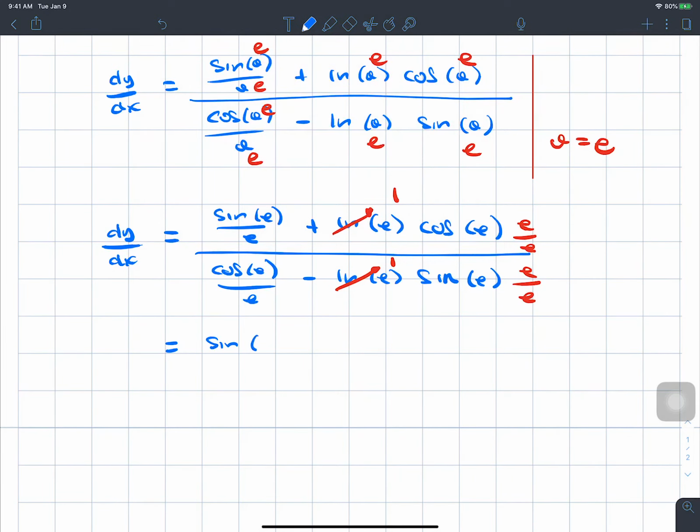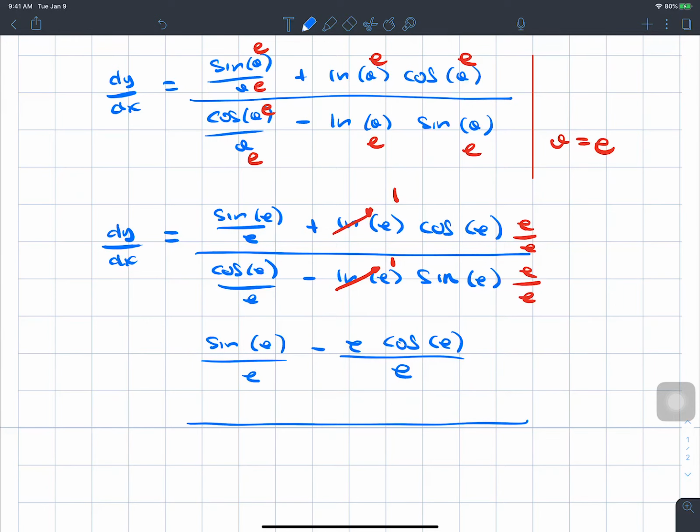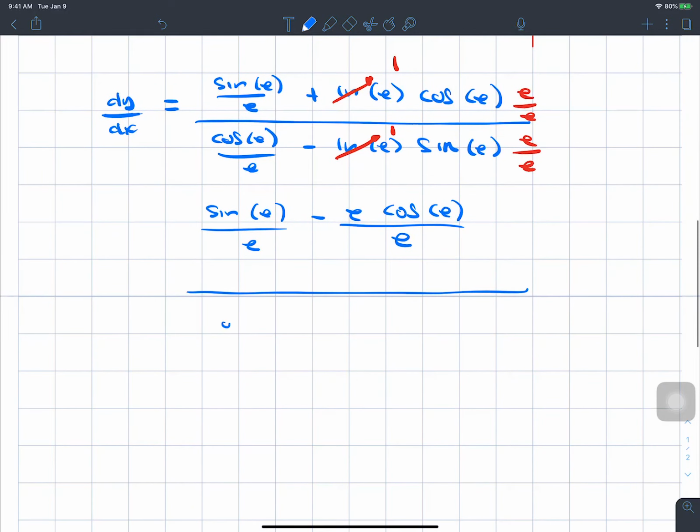We'll have sine e over e minus e cosine of e over e, over cosine e minus e sine e, over e.